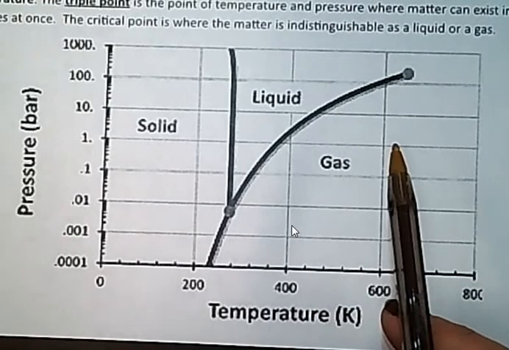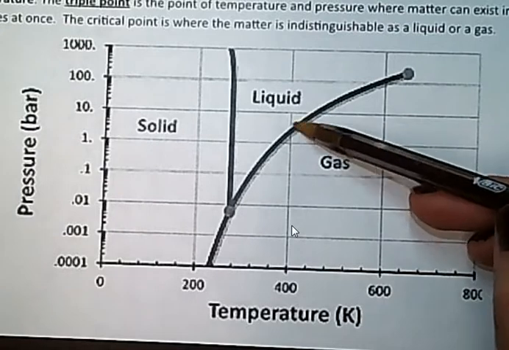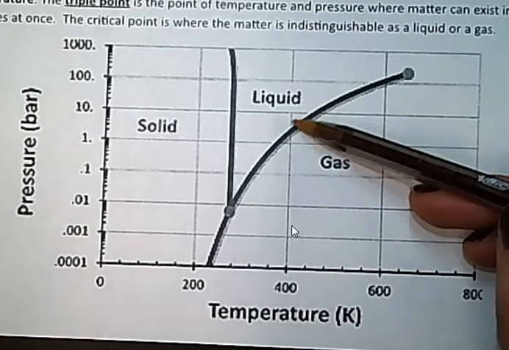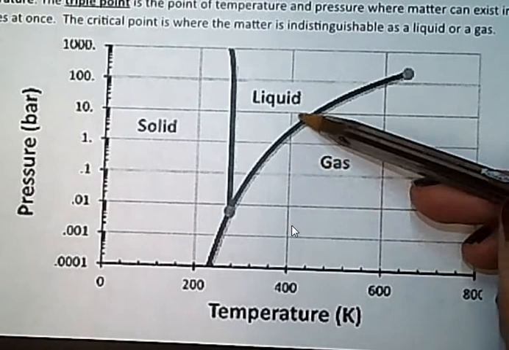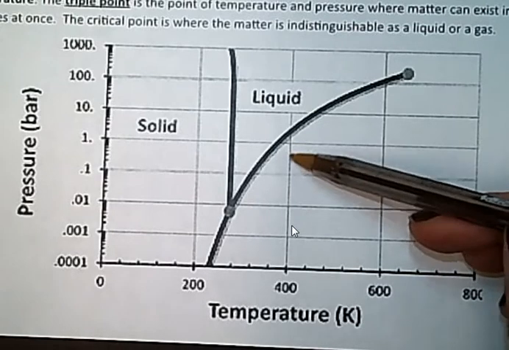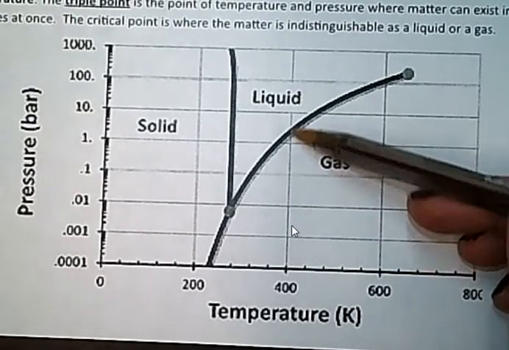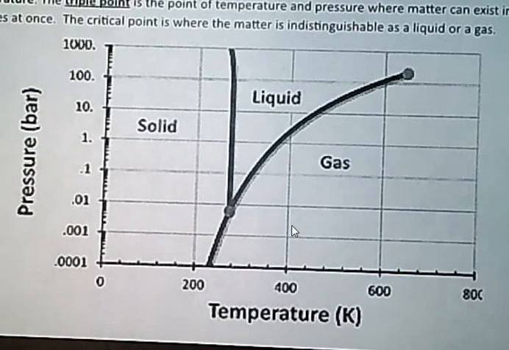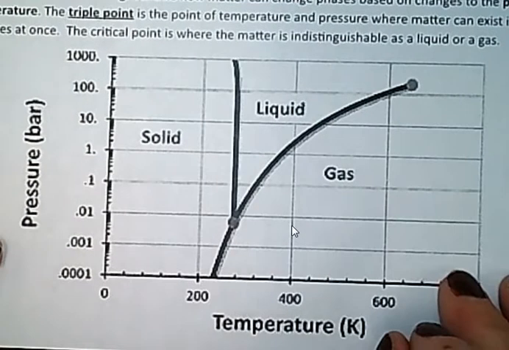If I had a machine that decreased the pressure of a liquid, just by decreasing the pressure at the same temperature, I could make that liquid become a gas. So this is where you see that real life application of where something like this may be the basis.